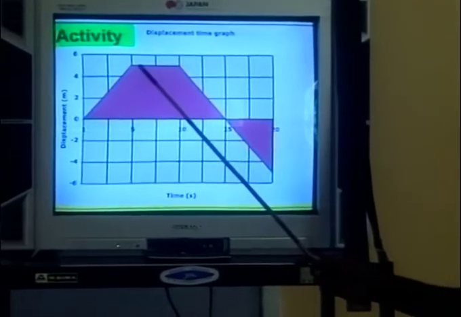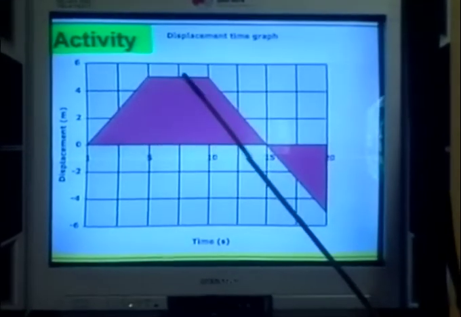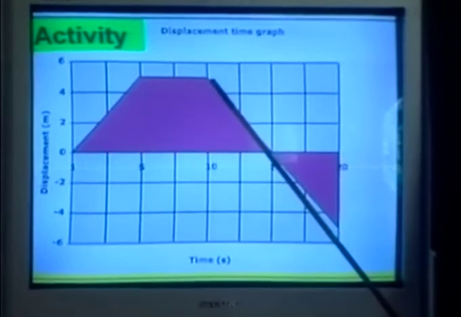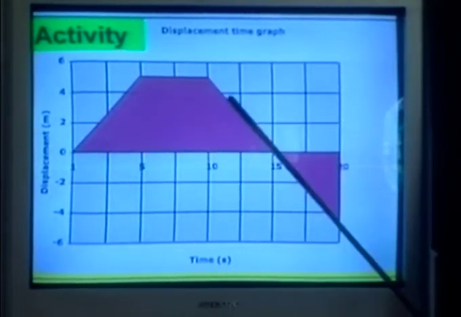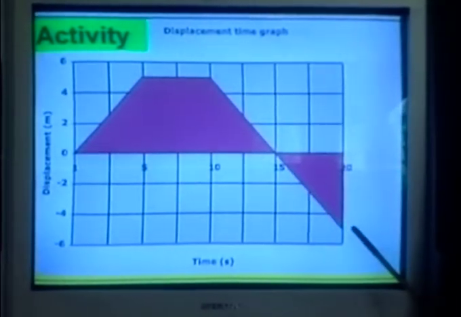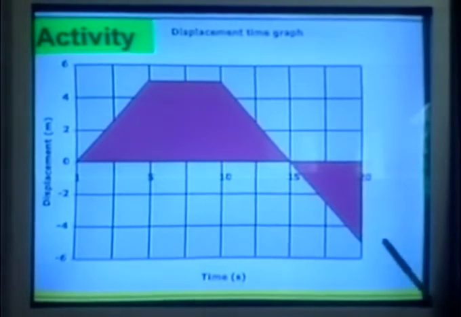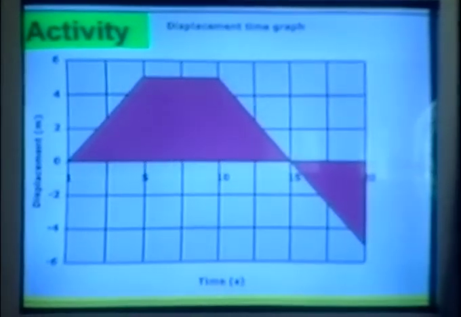Right, this will be up to 5, and it goes over to 10, where the object's motion is at rest, and then it changes from there down to 15 will be 0, and this will be at 5. So quickly sketch that information, and then your question will be coming after this.